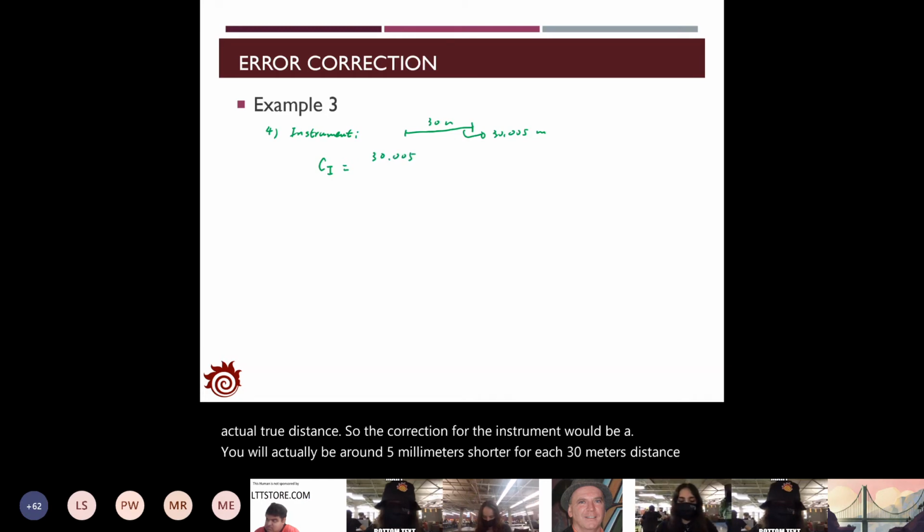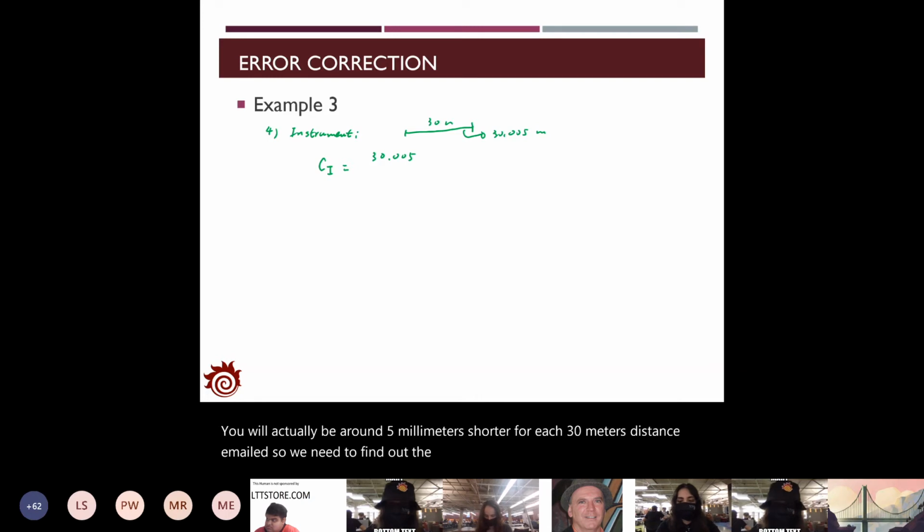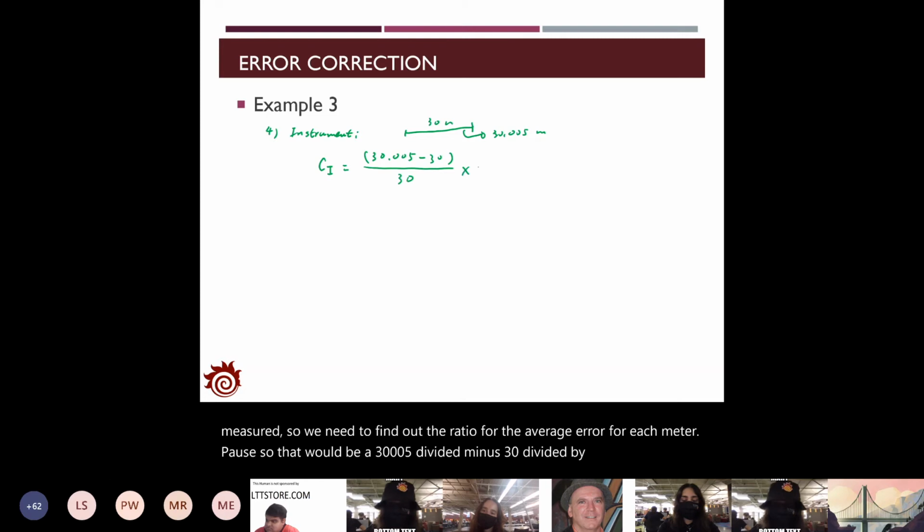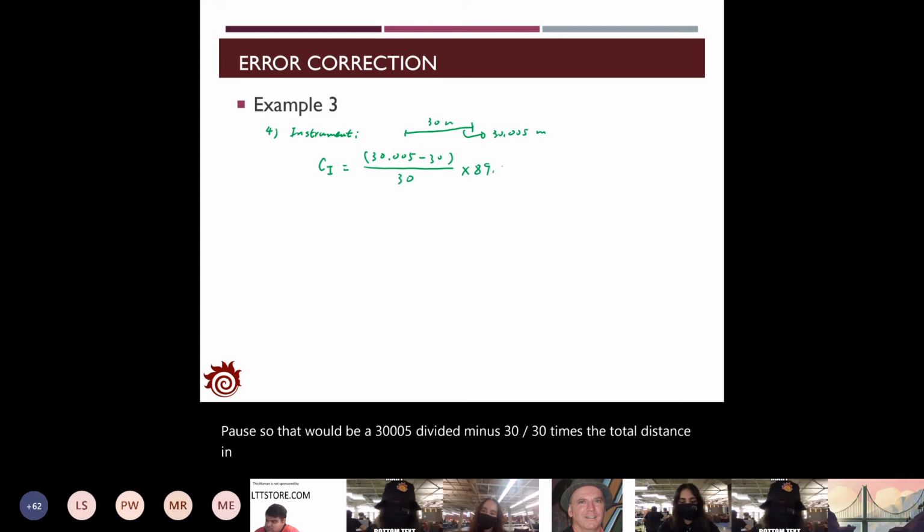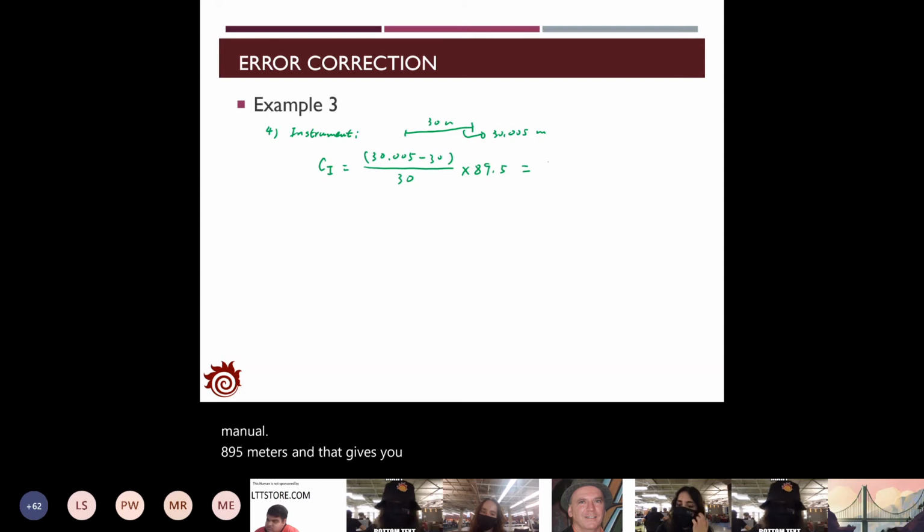So you need to find out the ratio for the average error for each meter. That would be 30.005 minus 30, divided by 30, times the total distance you measured, 89.5 meters.